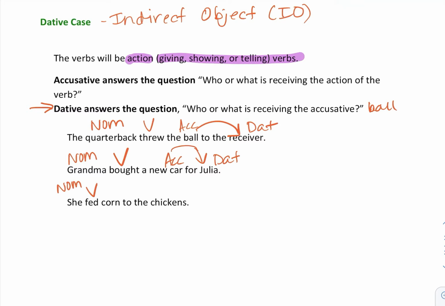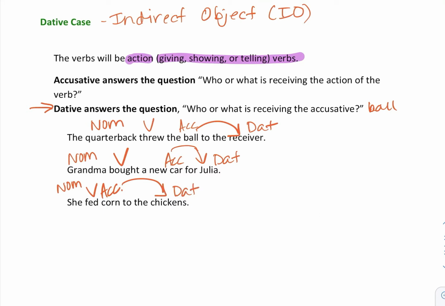Well, it's easy to be careless on this one, because it's easy to go, oh, well, the chickens were fed. Yes, in the end the chickens were fed, but she fed something. What did she feed? What was actually fed, handed out? That was the corn. So she fed corn. Now, who was the beneficiary? Who received the corn? The chickens did, and therefore the chickens are the dative.